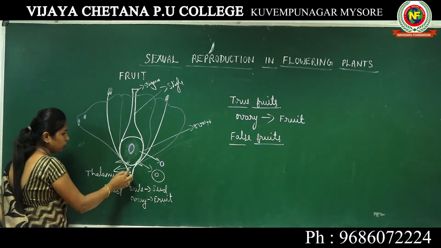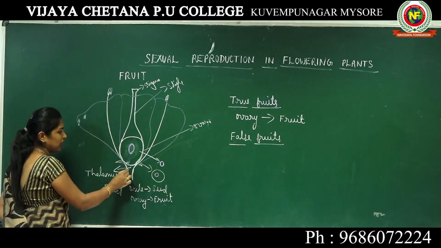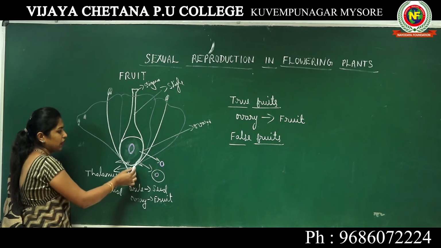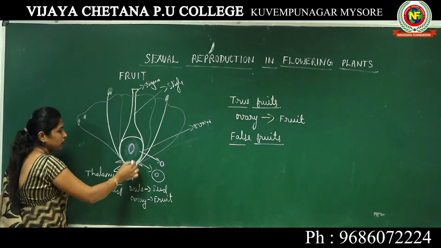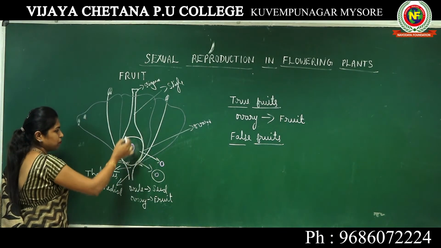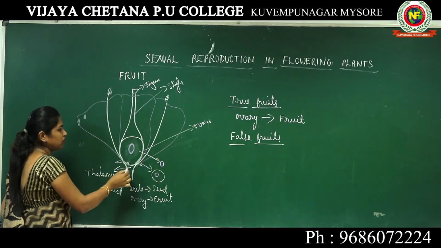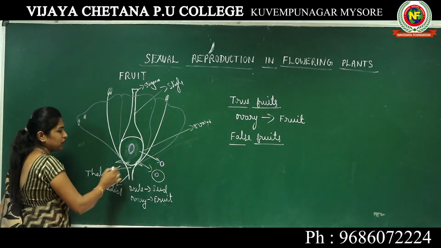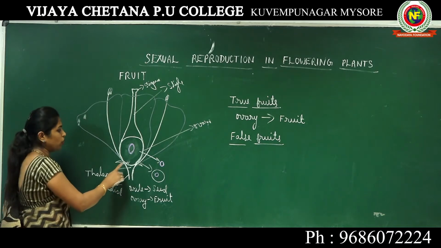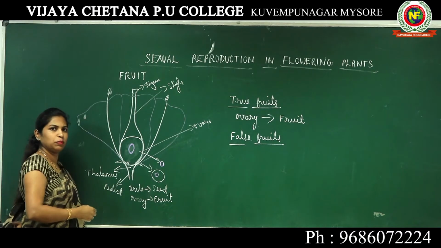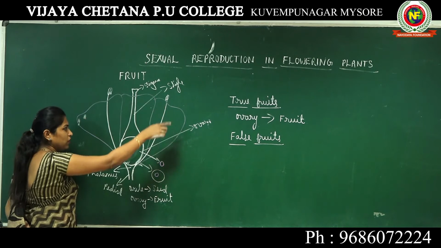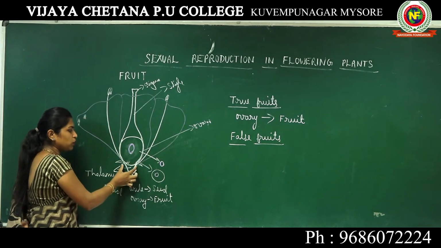Attached to this region you will find your pistil, the stamen, the petals, the sepals, all four whorls which I explained in the first class of a flower.